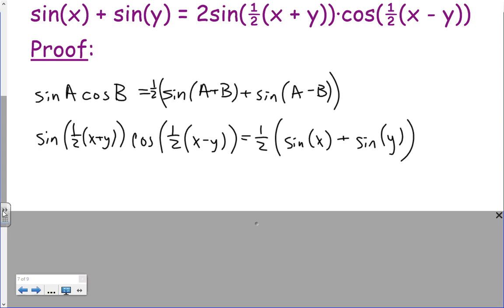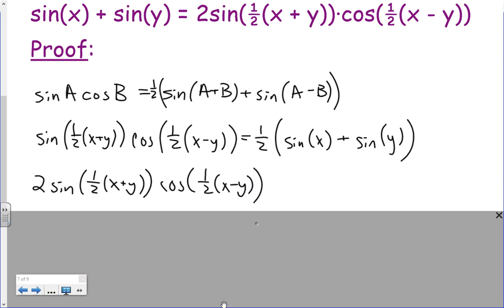All right, now let's move the 1/2 to the other side there, like you see up above. So I'm going to multiply both sides by 2 to get rid of that 1/2. So I'll end up with 2 times the sine of 1/2 of x plus y times the cosine of 1/2 of x minus y.